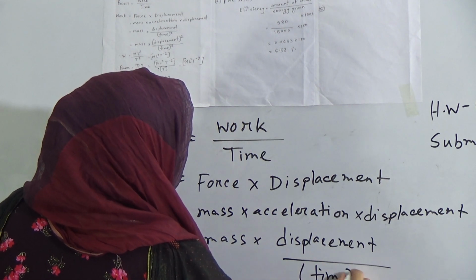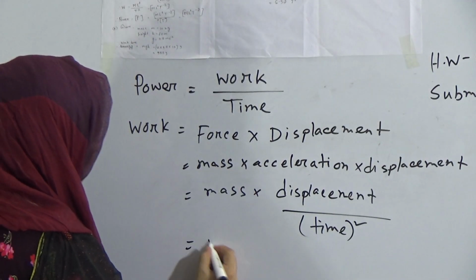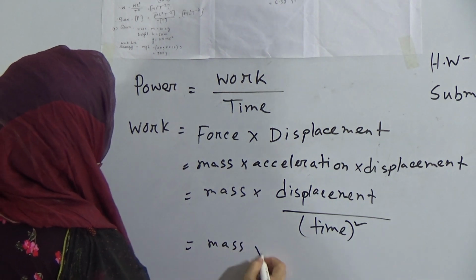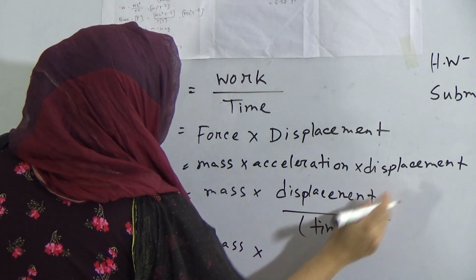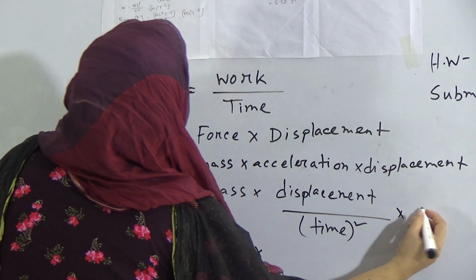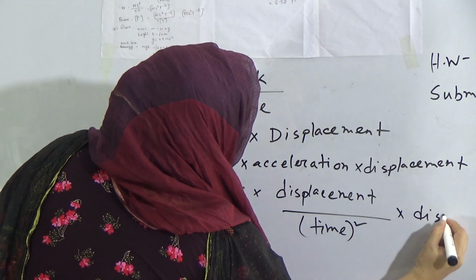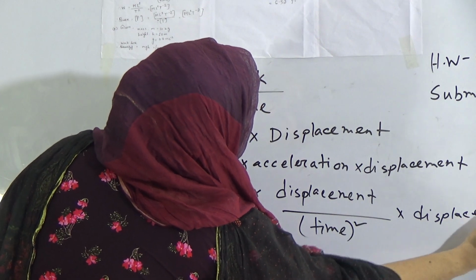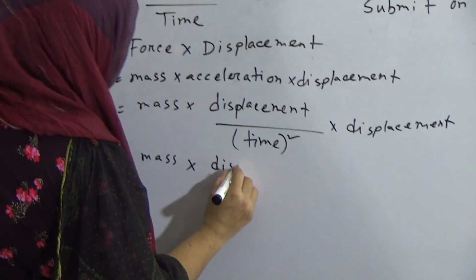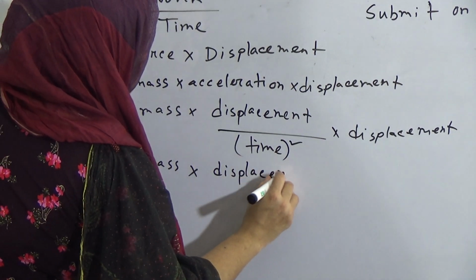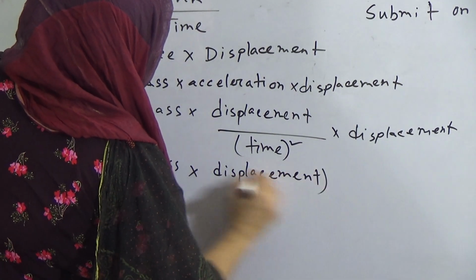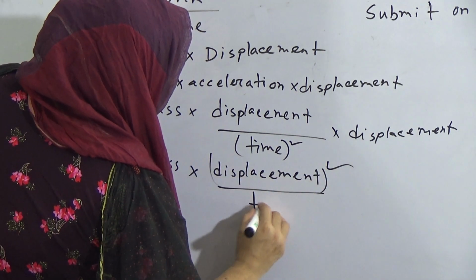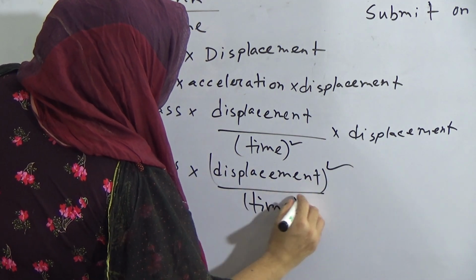Then mass into displacement square divided by time square. Then displacement into displacement, that means displacement square divided by time square.